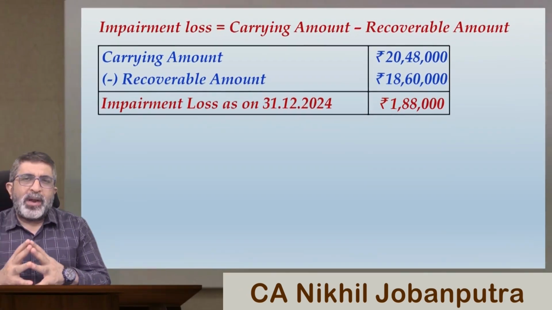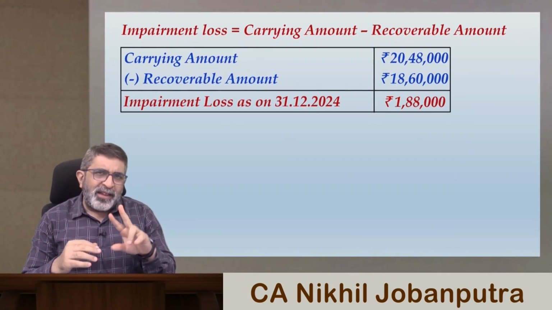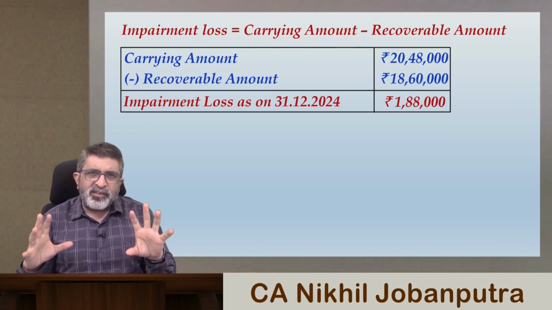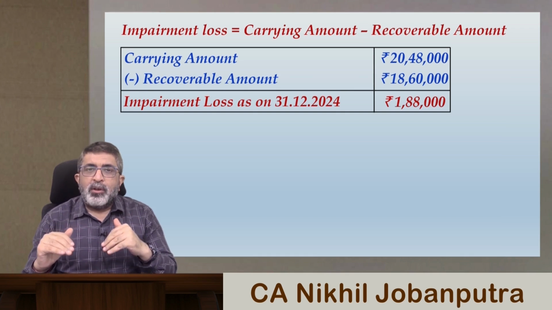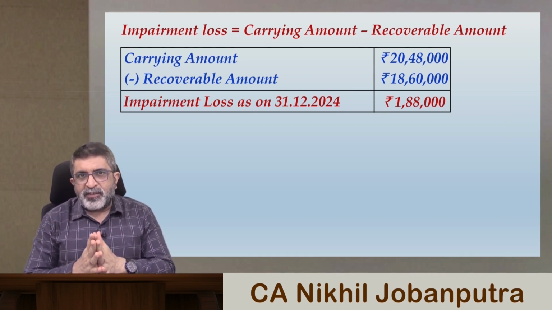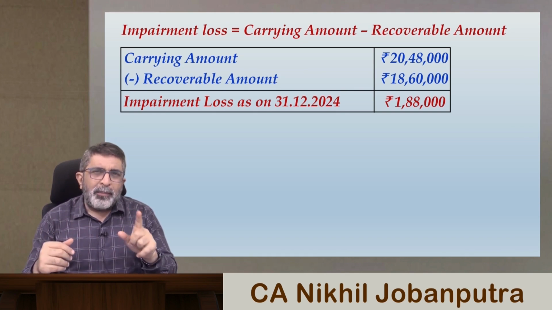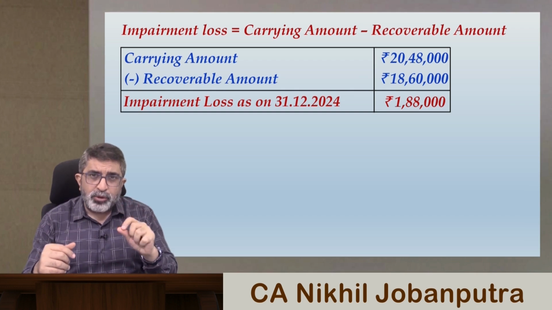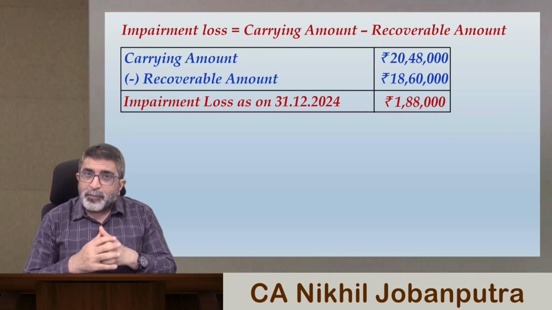Now, one important matter for your understanding. In the past couple of questions, when the question did not mention whether it is asking from the viewpoint of US GAAP or IFRS, we preferred IFRS. Many times students ask me a question, a doubt that, sir, why IFRS? Why didn't we take US GAAP?